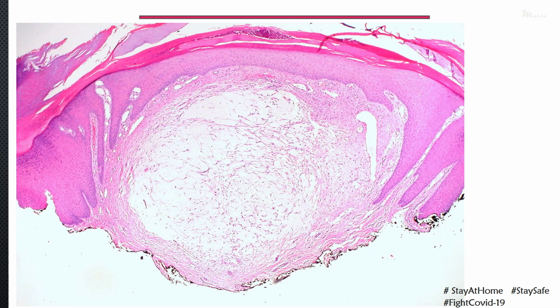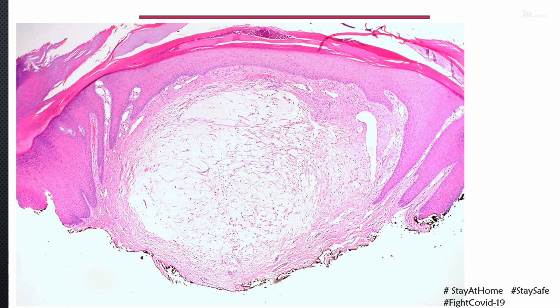Here you can see a low power view of a mucus extravasation phenomenon. This is an excisional biopsy specimen of a small mucocele. As you can see here, there's a large cavity showing some mucus content within. This cavity is surrounded by a dense layer of granulation tissue formation, which shows inflammatory cell infiltration.